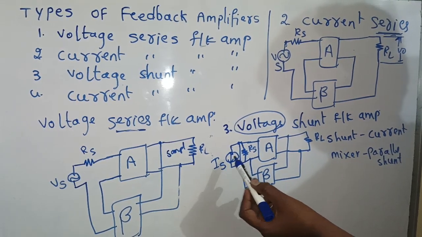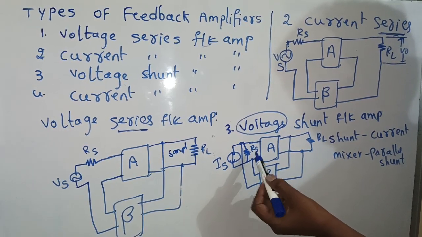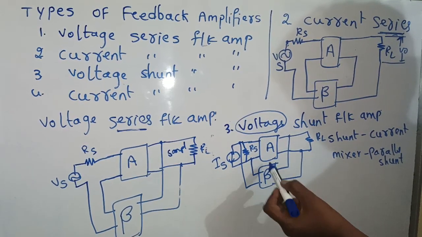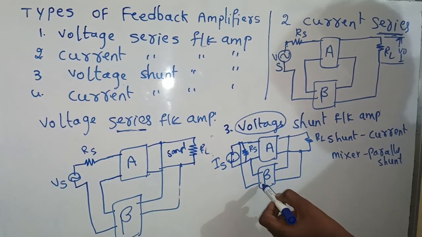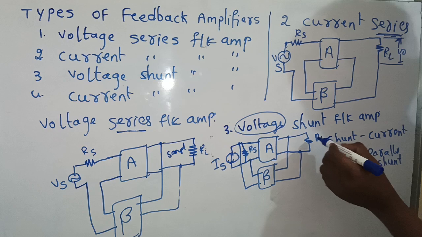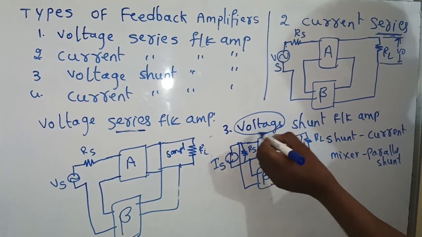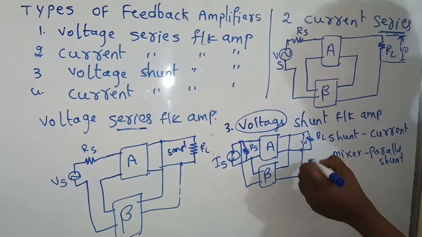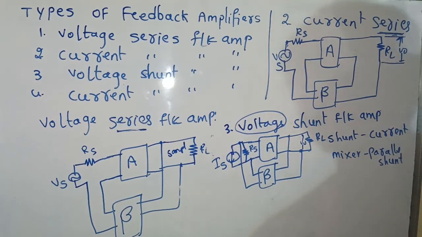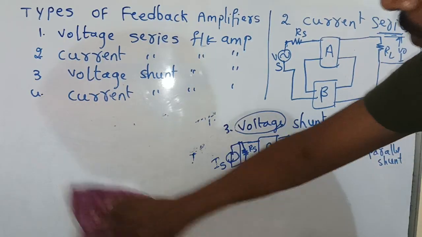For the current source, the input resistance is in parallel with the current source, that is Rs. Similarly, shunt connection means parallel combination. We can connect to the feedback network, and the output is across RL, that is V0. Similarly, this is a voltage feedback amplifier. The output is parallel.